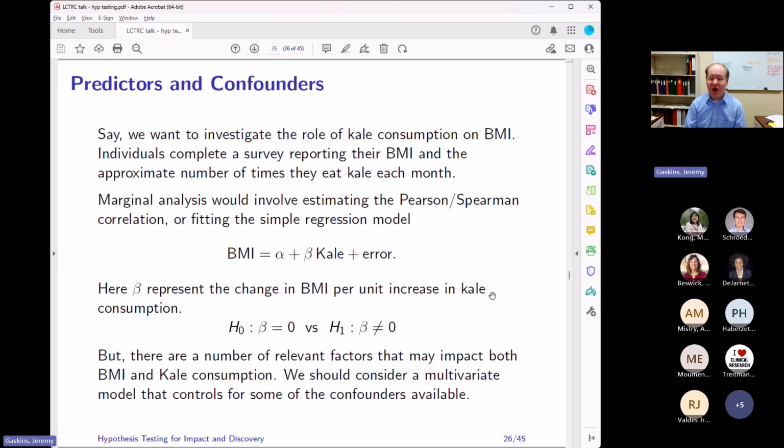Certainly, probably folks that are more health conscious are eating more kale, and they're also the same people who have lower BMI in general, right? And so it's easy to imagine that this is not going to be a good representation of the actual role kale plays in controlling weight.